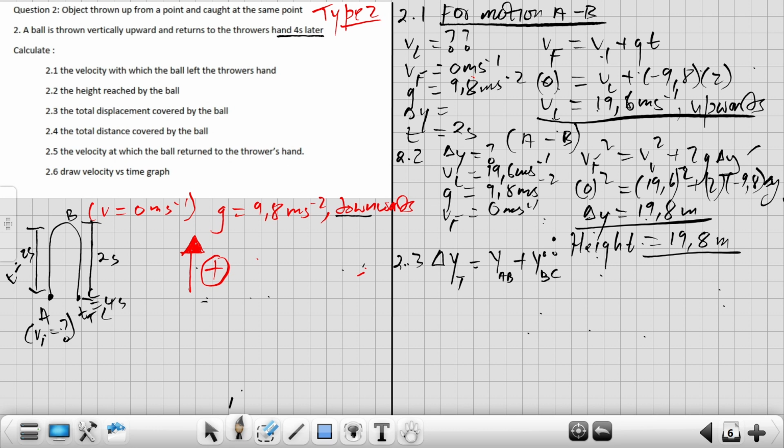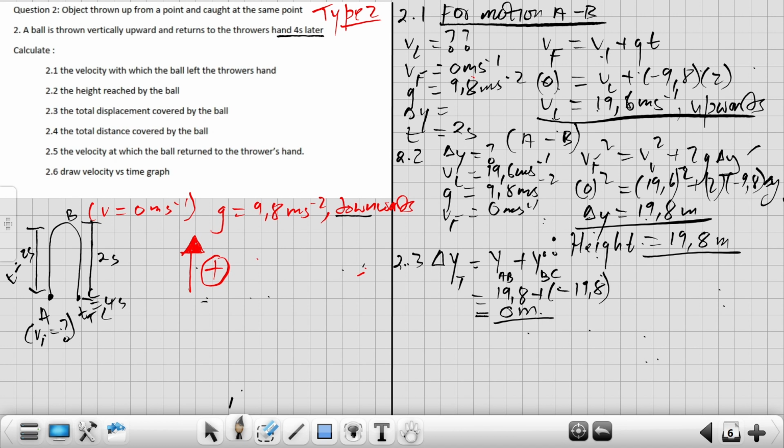But because of symmetry, we know that this one will be 19.8 plus minus 19.8. Why the minus here? Because BC is for our downward motion. So our final answer here will be 0 meters. So the displacement covered by the ball is 0.